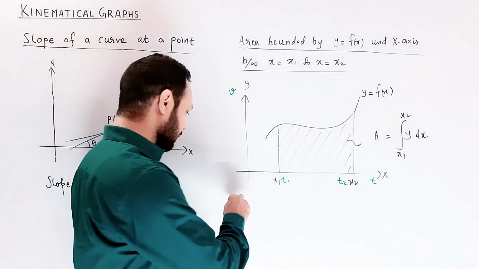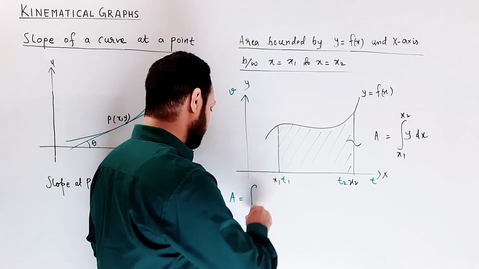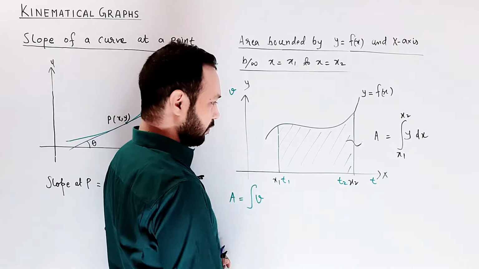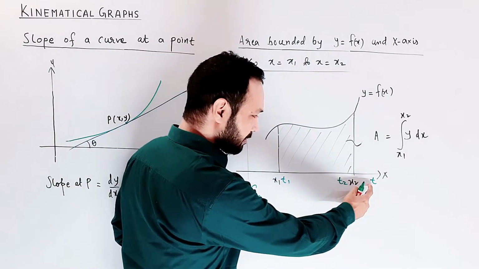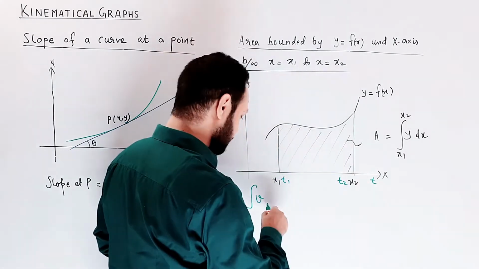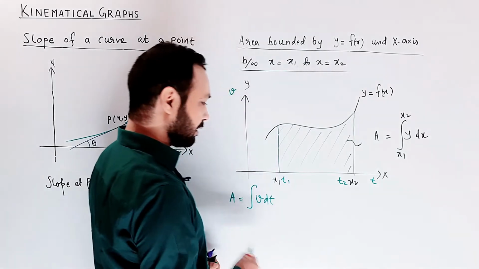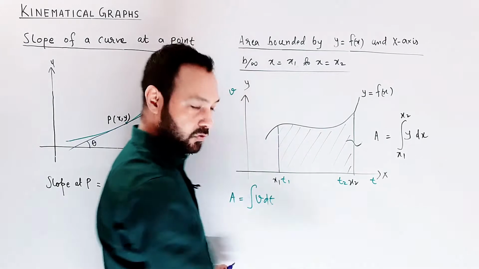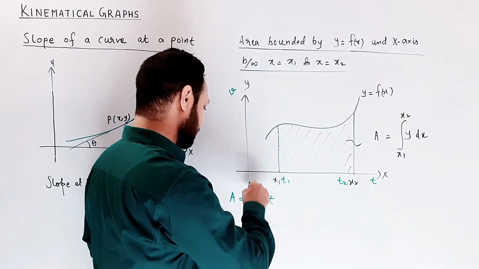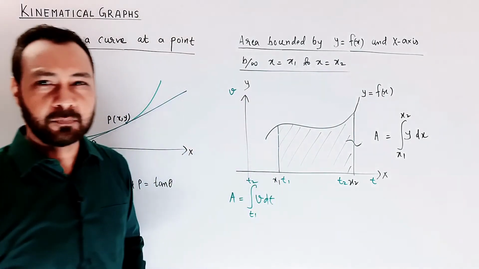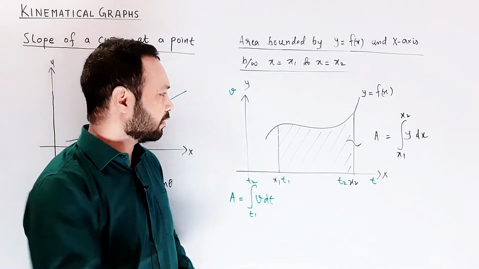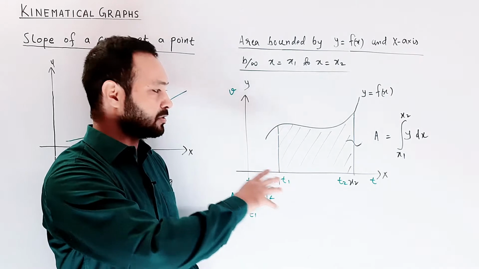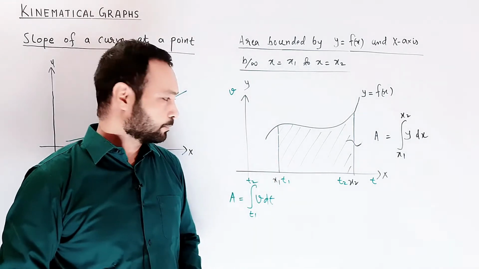Now the area will become the integration of whatever is on the vertical axis, write it here, whatever is on the horizontal axis, write d of that thing, so dt, and the limits will be whatever we have to take the area over on the horizontal axis, so that is T1 to T2. And the same way we can write the area of any curve bounded by the horizontal axis between two limits.